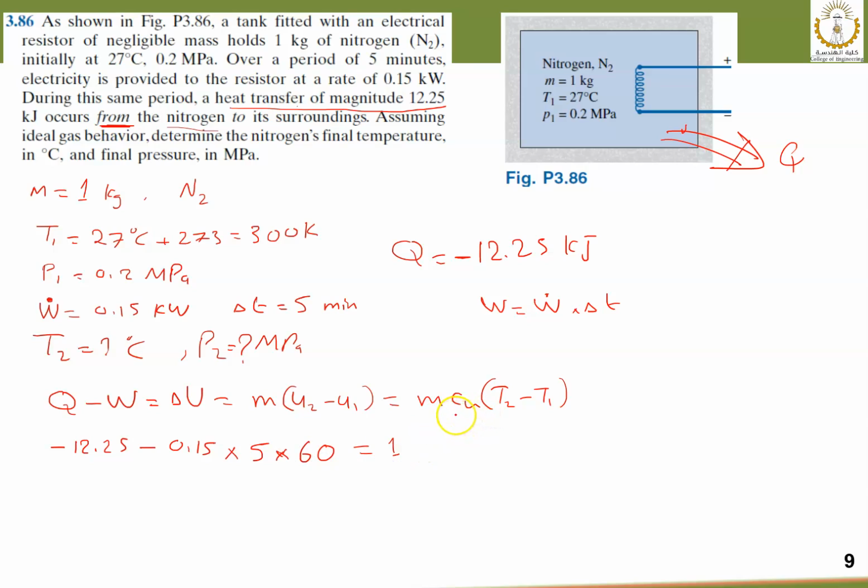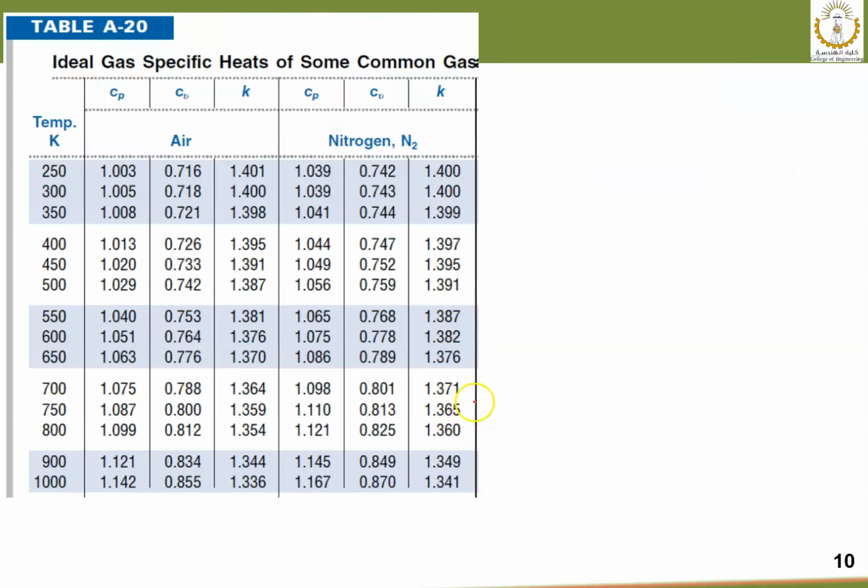Cv, we go to table A20, and Cv for the nitrogen at 300 is 0.743 kilojoule per kilogram Kelvin. You should be very careful when using the table.